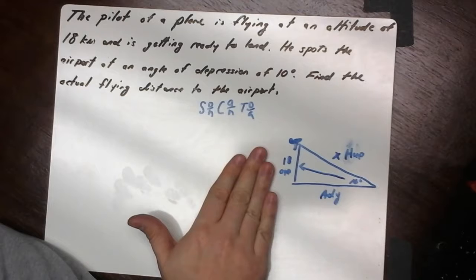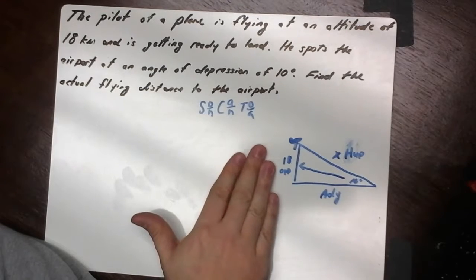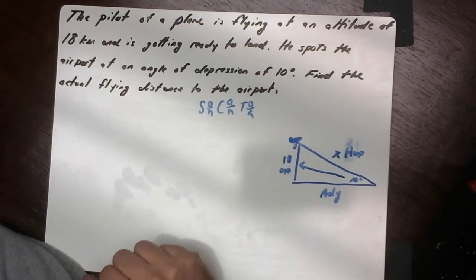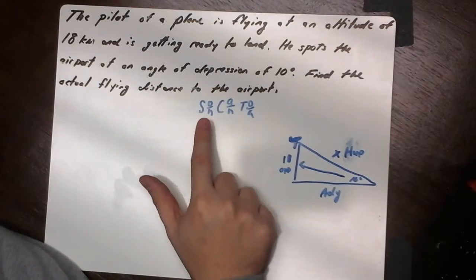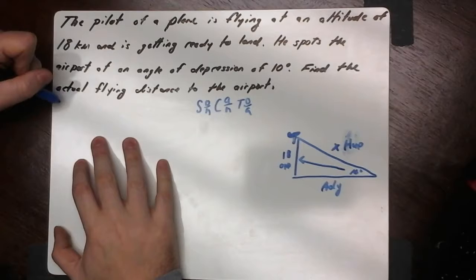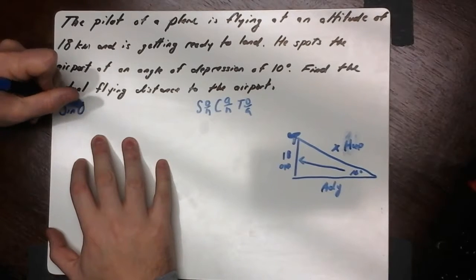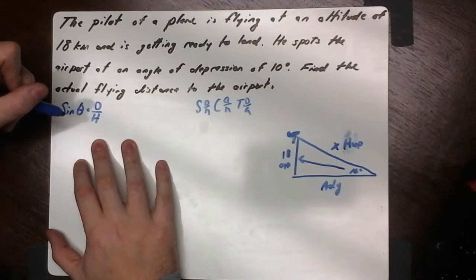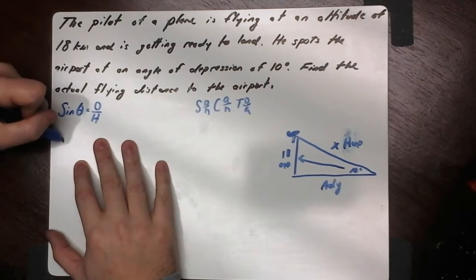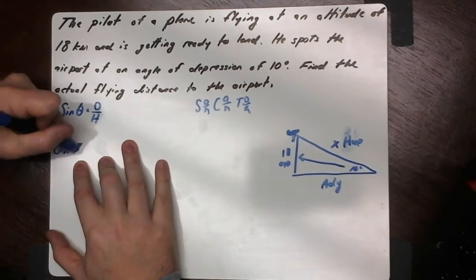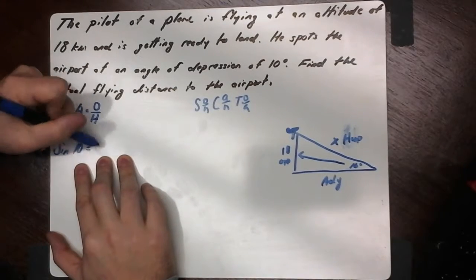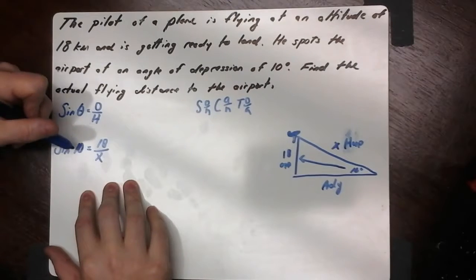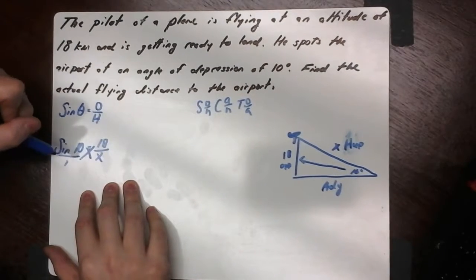I have my opposite side, leg, side, whatever you want to call it, and I'm looking for my hypotenuse. So I'm going to have to use sine. So sine of theta is equal to O over H. The angle is 10 degrees, so I'm going to put that where theta is. 18 over x.